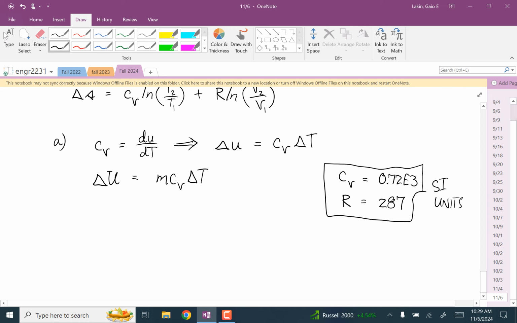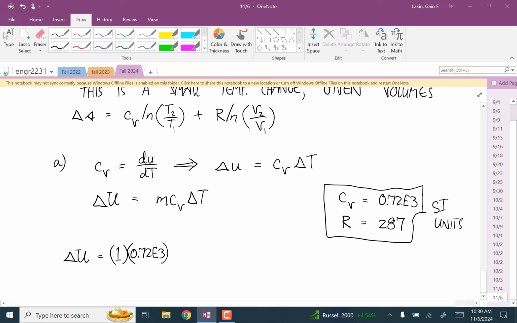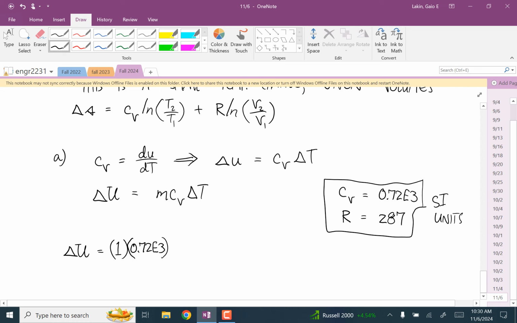Okay, so the total change in extensive internal energy is the mass of the hotter, higher pressure air times 0.72 times 10 to the third, times our final temperature minus our initial temperature, which is 100 degrees Celsius.